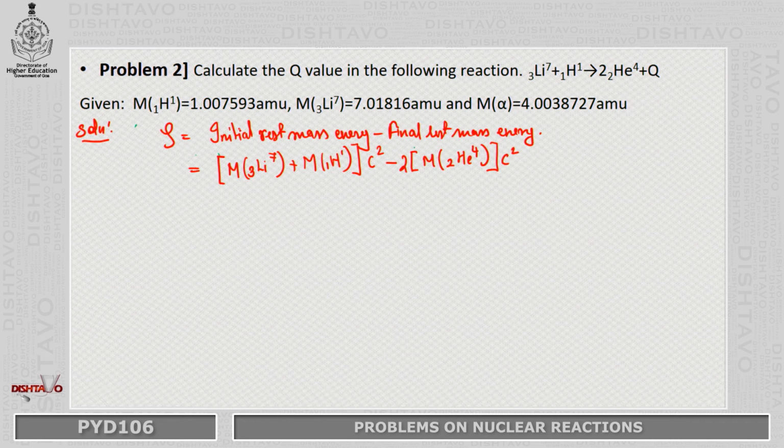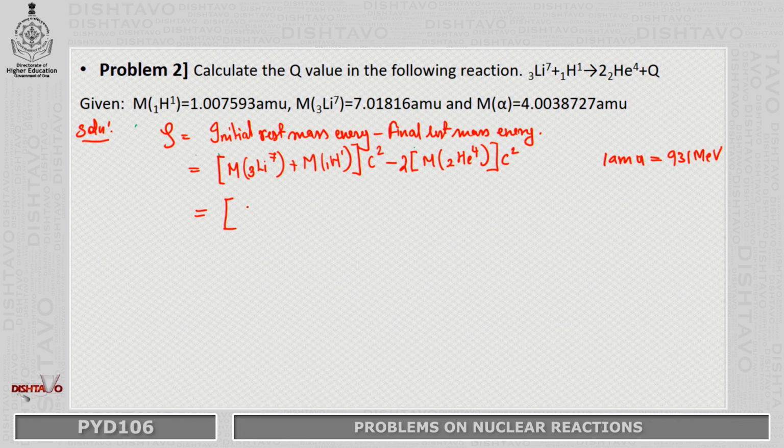Now all these masses are given in atomic mass units, and we know that 1 atomic mass unit corresponds to 931 mega electron volts. That's why we can remove the c square here, and in place of c square we just write 931 mega electron volts.